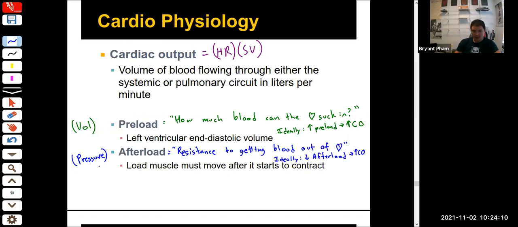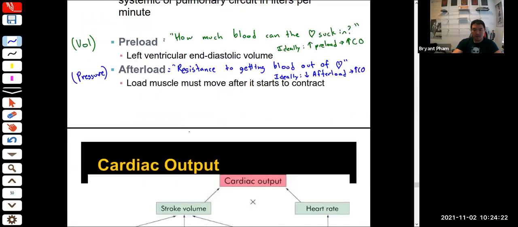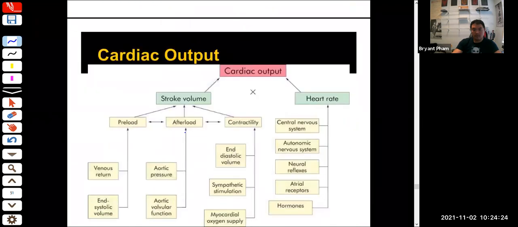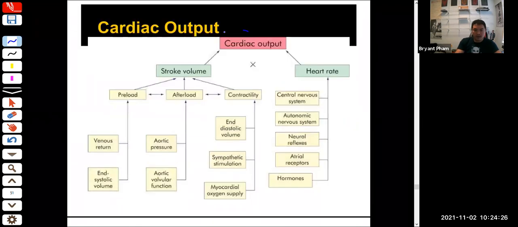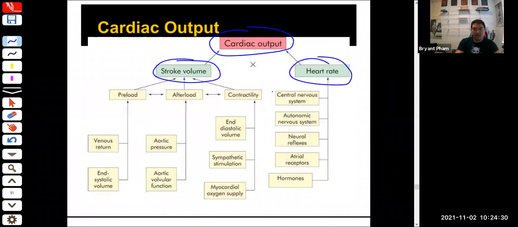They're not both pressure. Okay. One's a volume, one's a pressure. So cardiac output, stroke volume times heart rate. Your preload and your afterload can also kind of change things a little bit, but there's no variable.